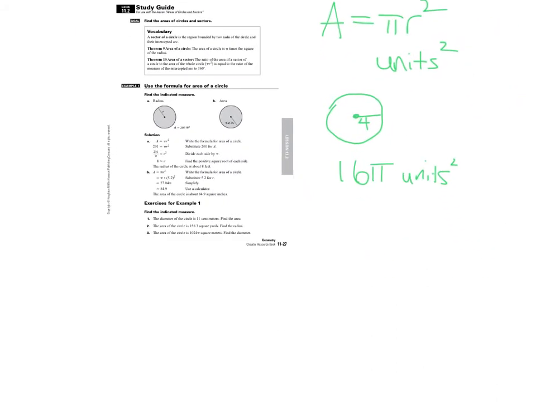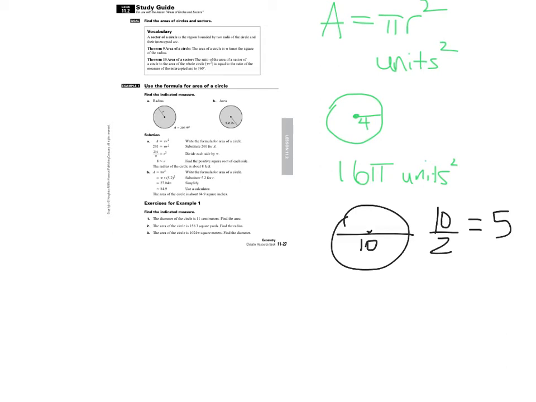Okay? Now, what if I gave you a diameter? What if I told you the diameter was 10? And I said, find the area of this circle and leave it in terms of pi. What would we have to do first? Good. We need to turn this into a radius first. So divide it by 2, make it 5. Okay?